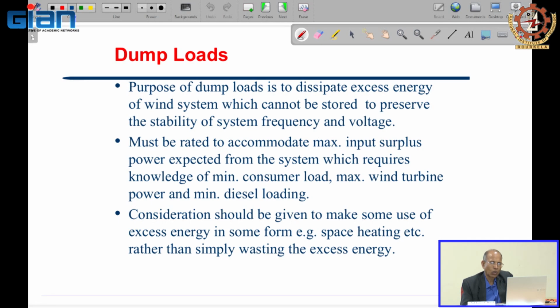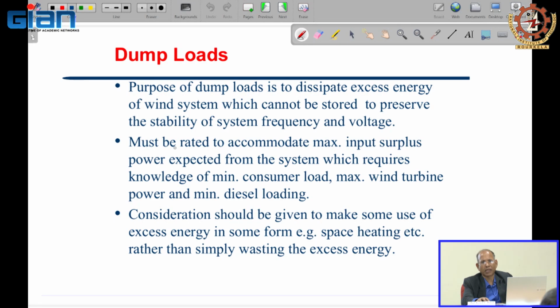So the purpose of a dump load is to dissipate excess renewable energy from the wind or PV, which cannot be stored, to preserve the stability of the frequency and the voltage. Now the dump load sizing: what rating will you select? For example, you have an electric heater as the dump load.